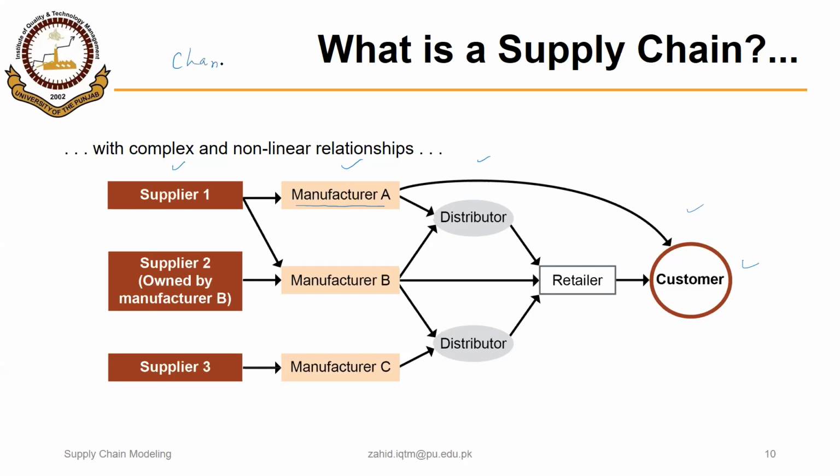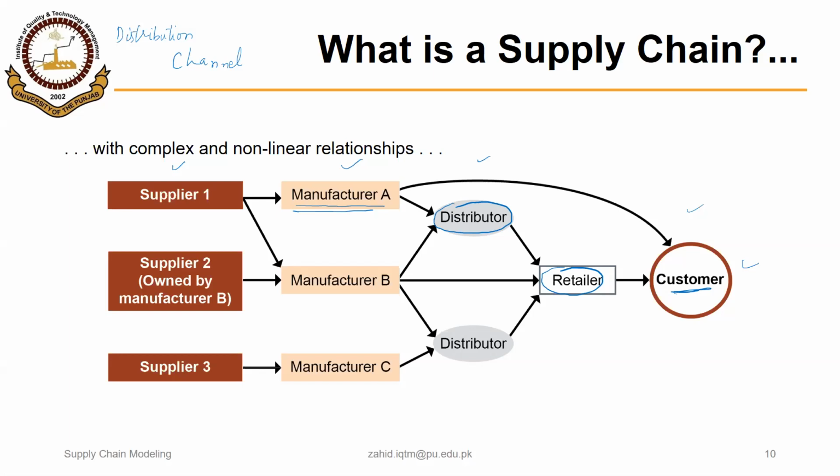And we call those channels distribution channels. So we can say that manufacturer A here has two distribution channels. One distribution channel is manufacturer A delivering to distributor. Distributor is supplying to retailer, and retailer is ultimately supplying to the customer.